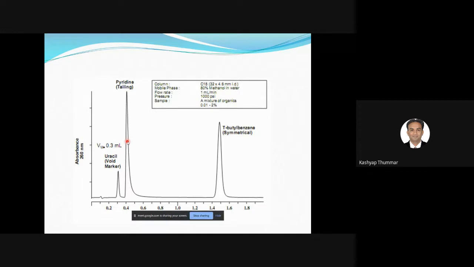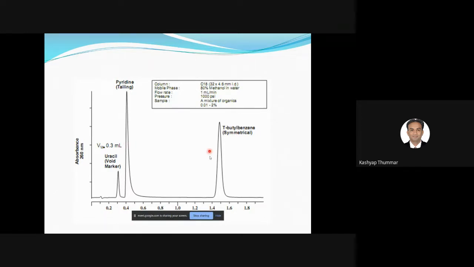In normal drugs, the tailing factor might be accepted at 1.2, but in basic compounds the tailing factors are generally higher, and this is also acceptable by the US Pharmacopoeia. So they have given a larger acceptance value for the tailing factor for basic drugs.